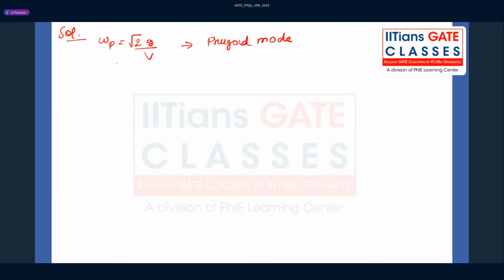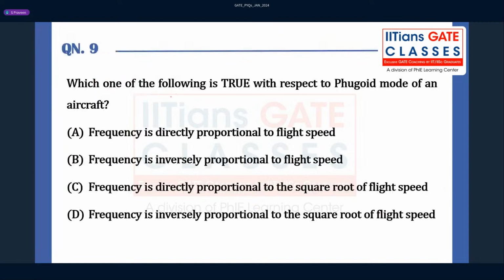This basically gives the frequency of the oscillation. This is an undamped motion. So from here we can see that the frequency is inversely proportional to the flight speed. This is an important thing. So bracket this: frequency is inversely proportional to flight speed. So this is my answer. Pretty simple stuff, isn't it?